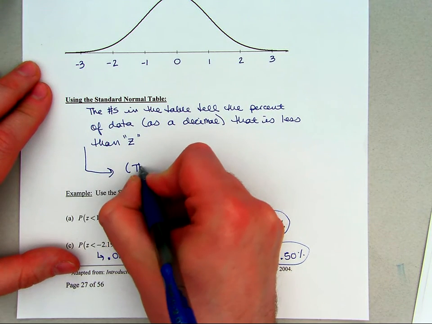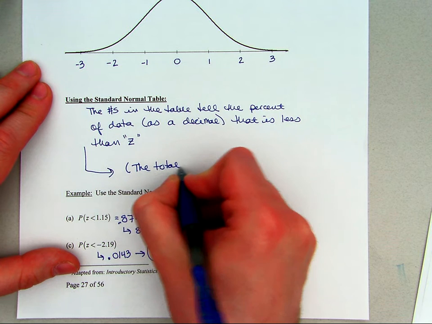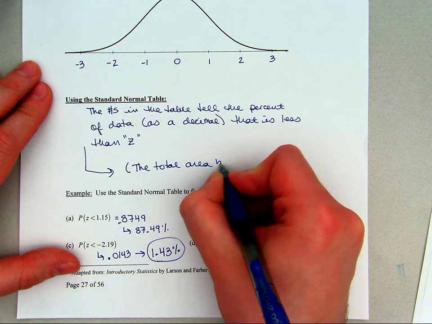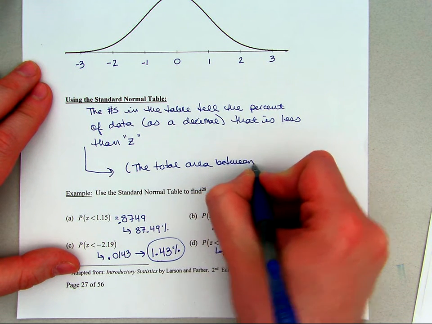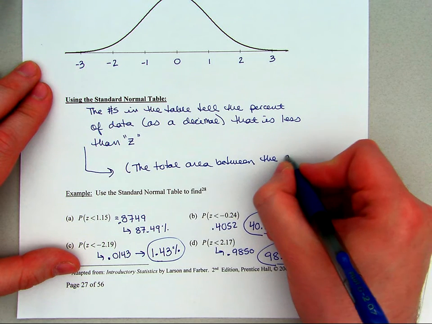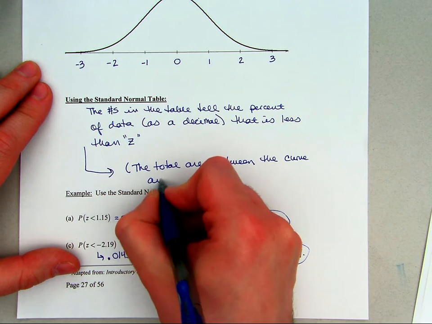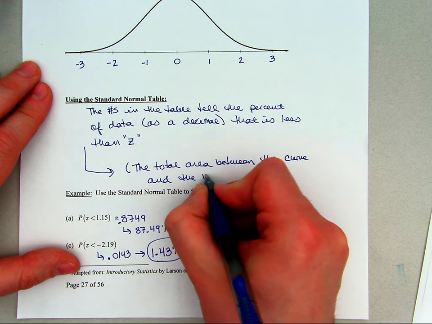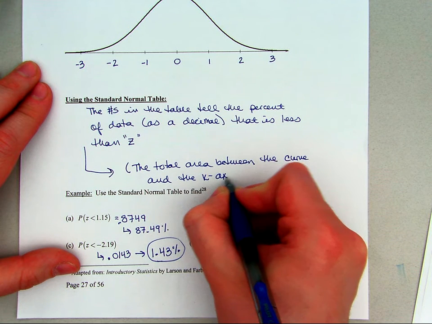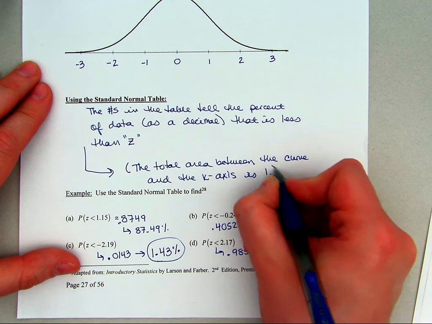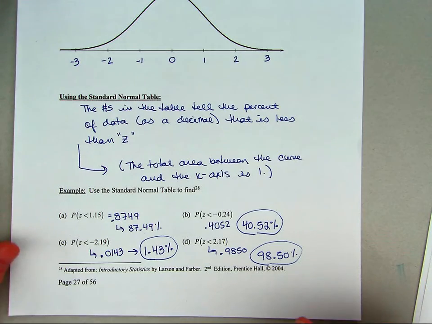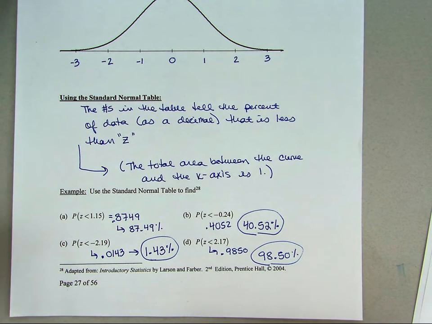I just want to add in here that the total area between the curve and the x-axis is 1.